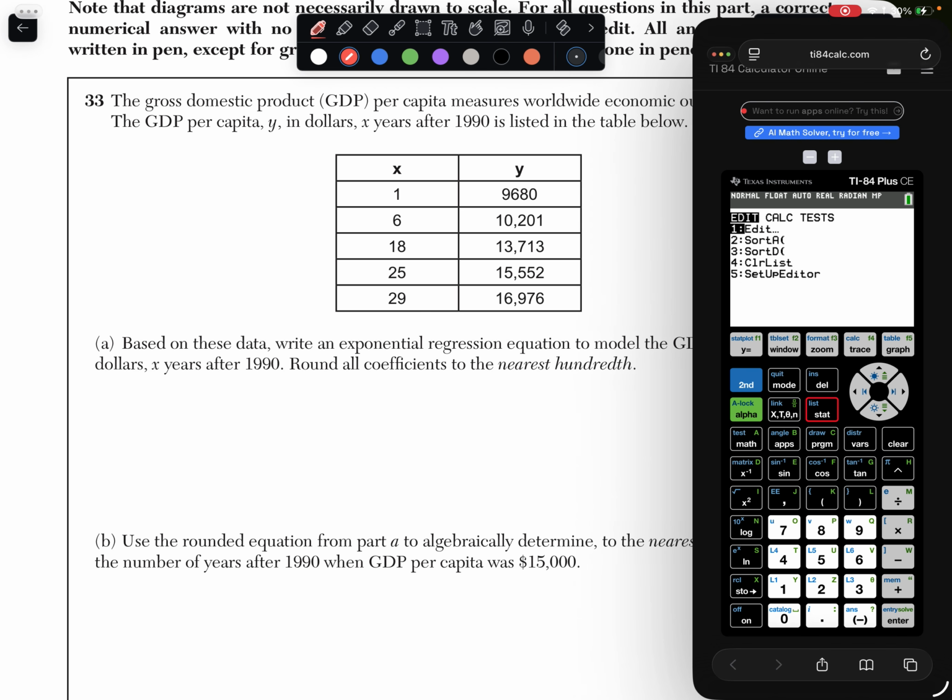Okay, we're going to go to stat and we're going to calc, and then we're going to scroll down to the exponential regression, ExpReg. And we press enter. X is going to be L1, Y is going to be L2. We don't have a frequency list, so don't worry about that. So just go down to calculate.